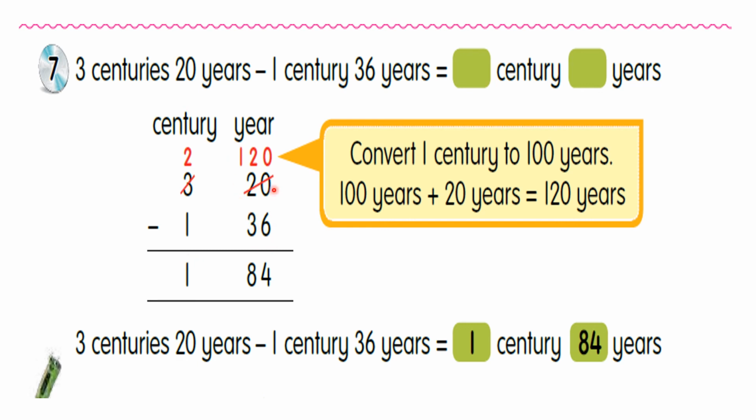So teacher is going to minus the year now. So 20 cannot minus 36. So we must borrow from the century. So if we borrow 1 century to year, it becomes 100. So 100 plus 20 becomes 120. So 120 minus 36, you get 84. Then you borrow here 1, right? So it becomes 2. 2 minus 1, 1. So the answer is 1 century, 84 years.